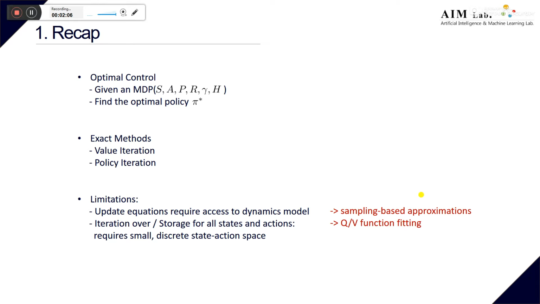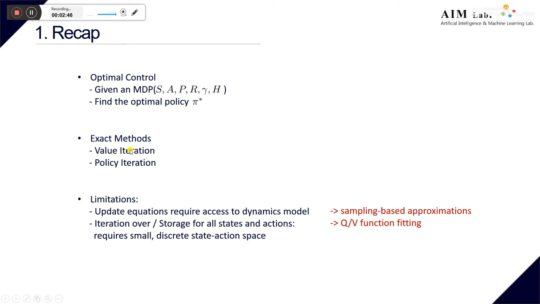Our ultimate goal is finding the optimal policy pi star. It gives the maximum expected sum of rewards. When states are given, it recommends the next action which gives the maximum reward in the whole process. We can find the optimal policy pi star with exact methods called value iteration and policy iteration.